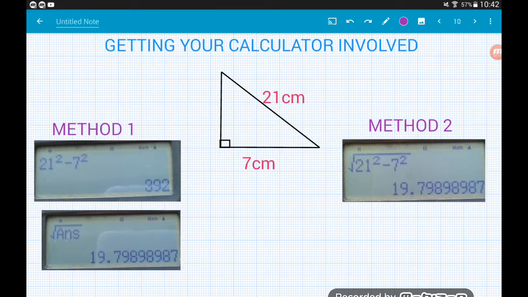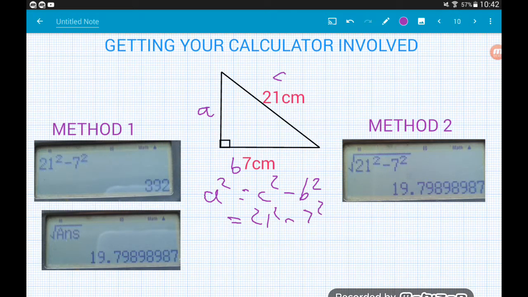So, start off as ever by labelling our triangle A, B and C. We're looking for A. Now we know that to find A, we're going to do A squared equals C squared minus B squared. So if we substitute the numbers in, we get 21 squared minus 7 squared.